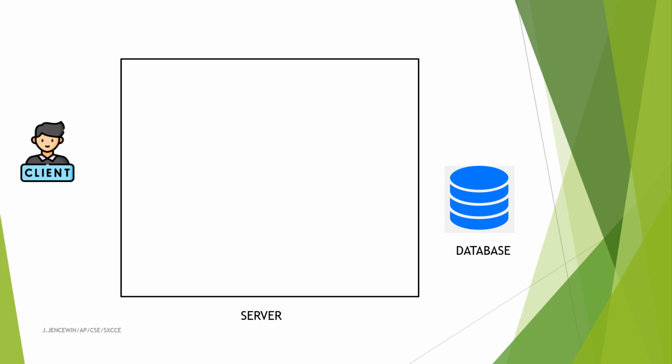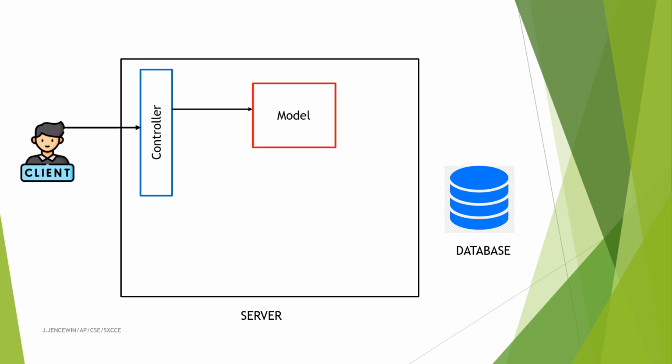When the client places the request, it is received by one of the components of MVC, that is called the controller. The controller component receives the client request, and it is also not directly linked to the database. It sends the request to the model component.